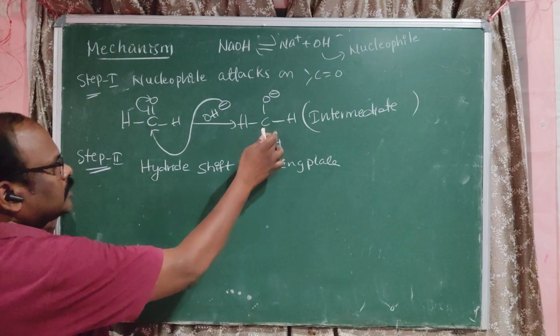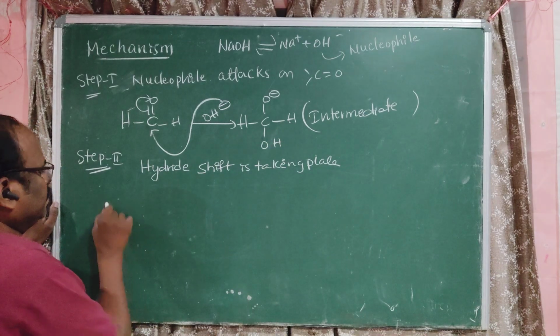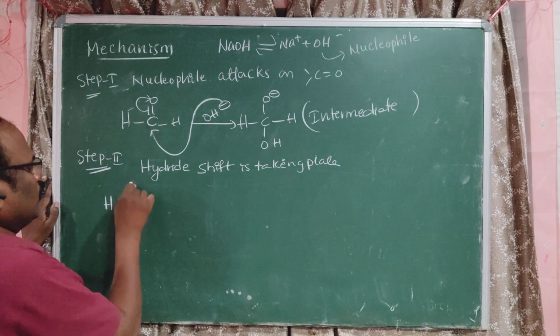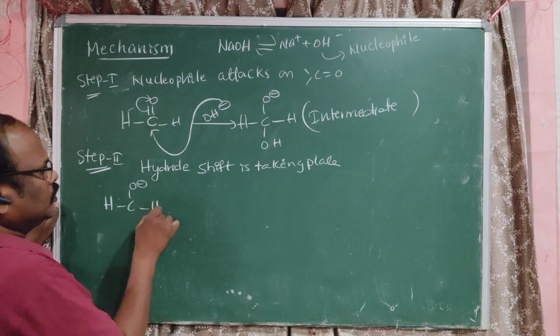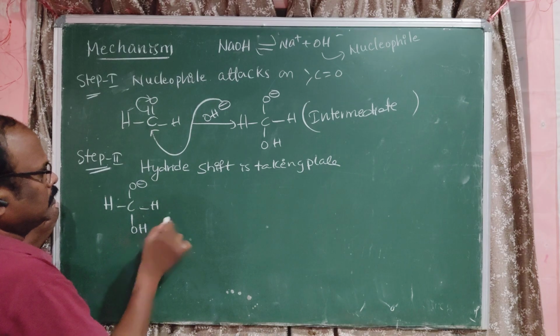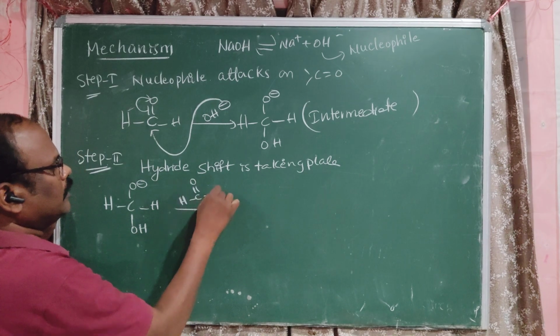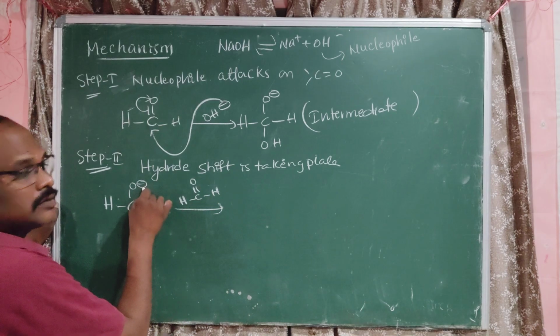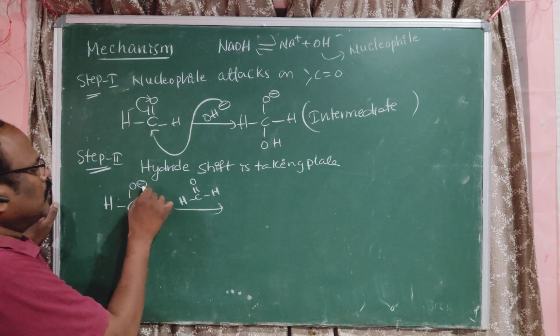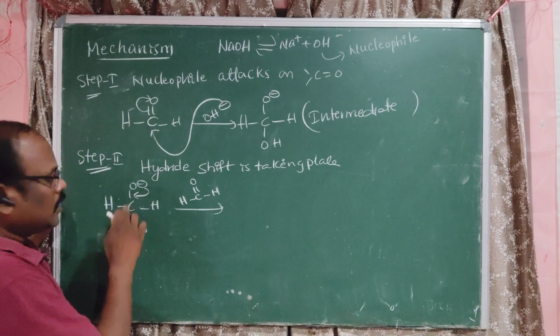I am taking this intermediate here, O minus, H, OH, and the second molecule of formaldehyde. These electrons are involved in the bond formation between carbon and oxygen.